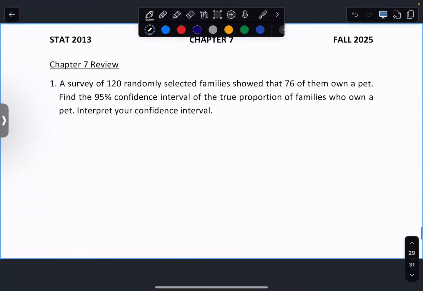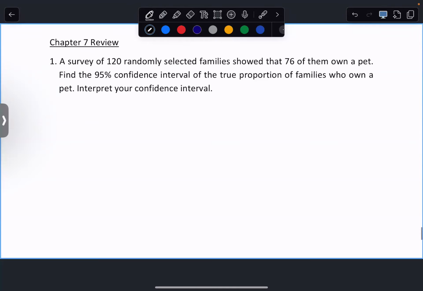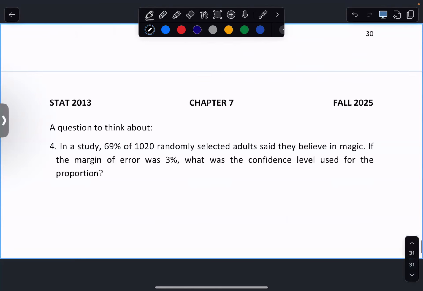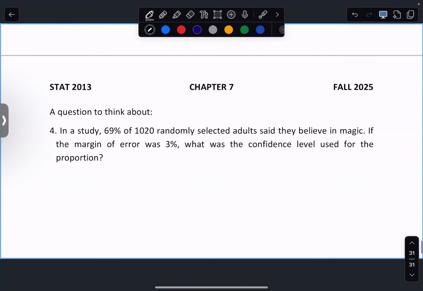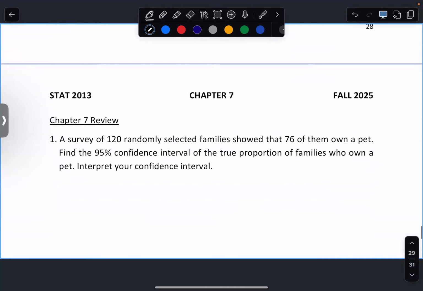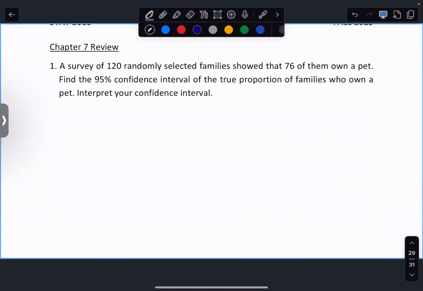Okay, so we have some review. Since we have some time, we'll do some of the review. The first review problem says, a survey of 120 randomly selected families shows that 76 of them own a pet.